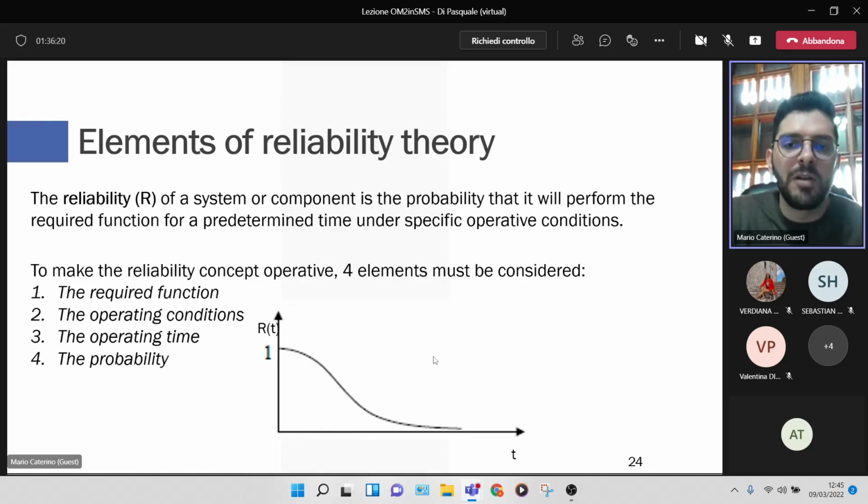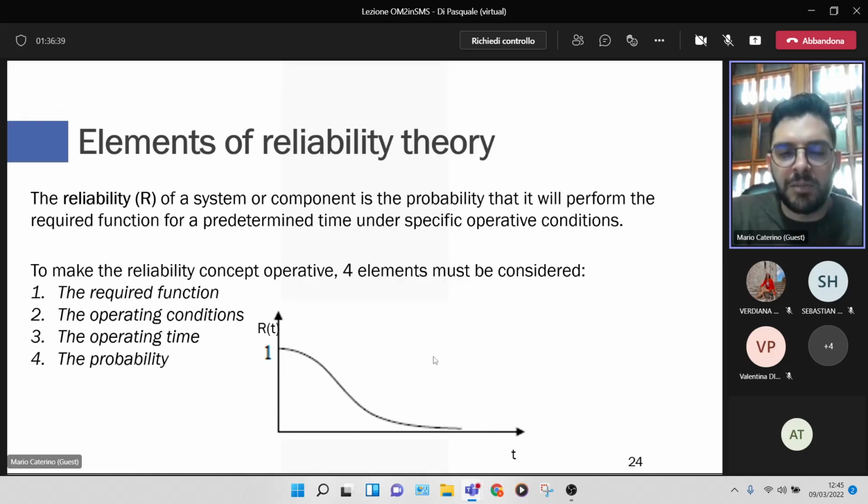For example, fully loaded or at maximum speed, only one person at maximum speed, and so on. Obviously, the reliability of the system changes according to the operating conditions.